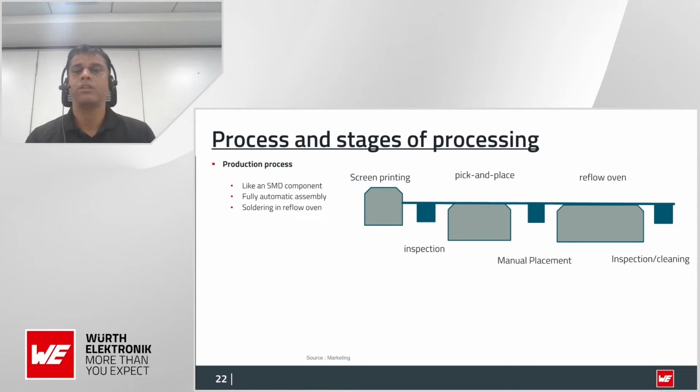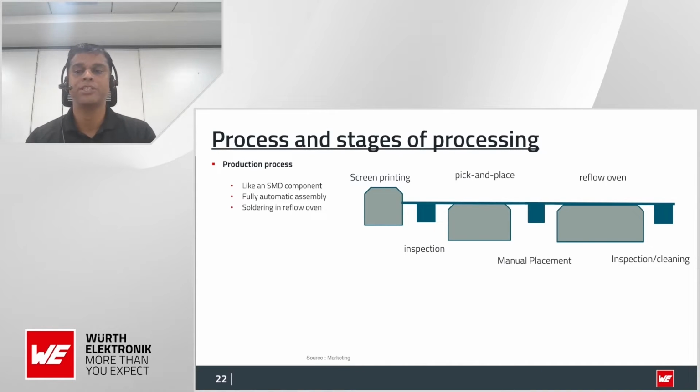Once the components are assembled on the PCB, it goes to the reflow oven, where the solder paste melts and the components get assembled on the PCB, and the PCB comes out of the oven. Then we do inspection to check whether the component has been properly soldered, or whether the component has moved out of the solder pad.